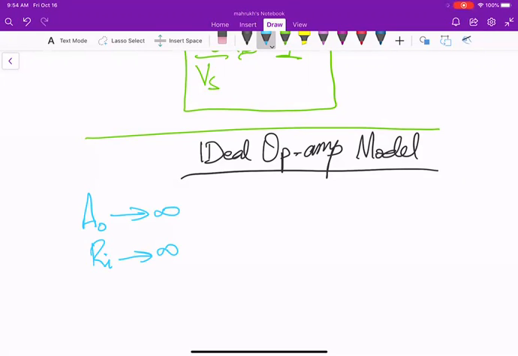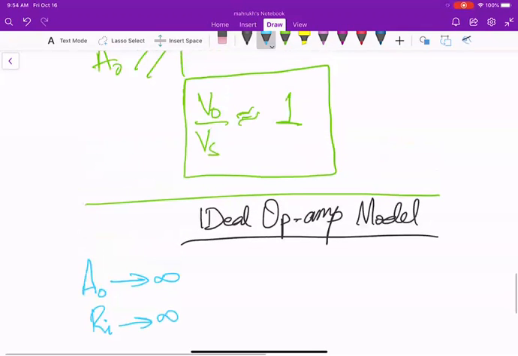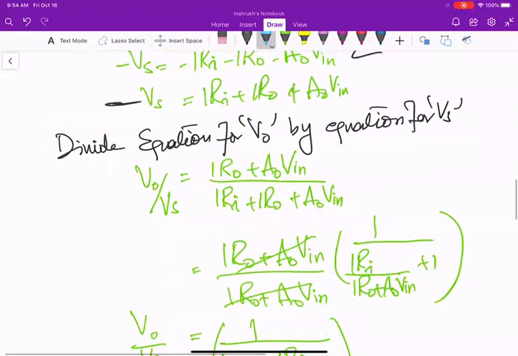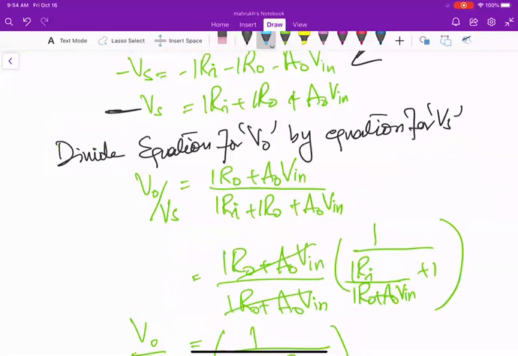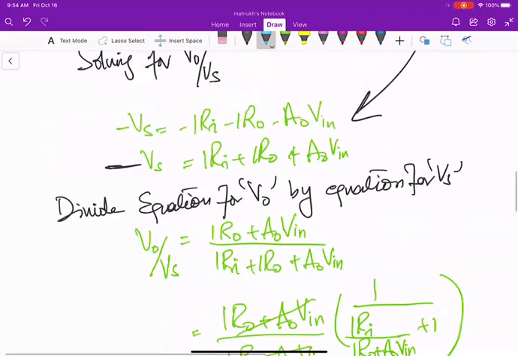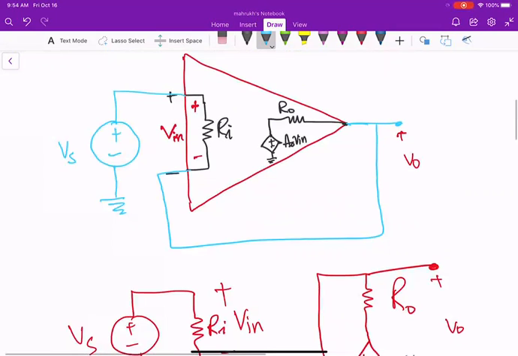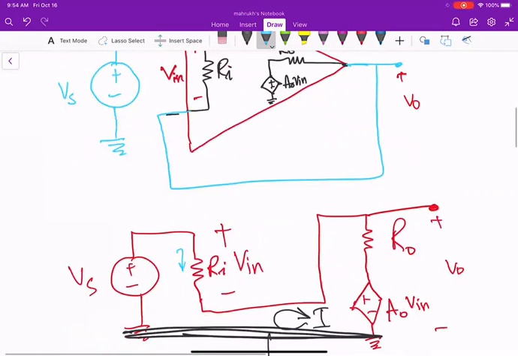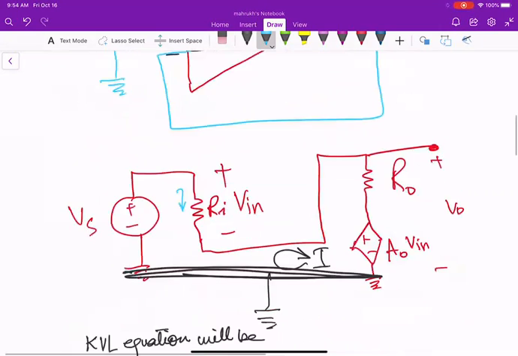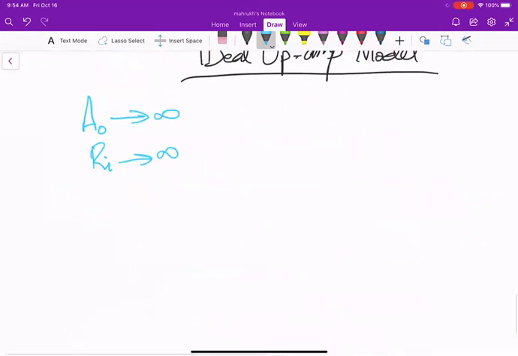And when these are infinity, if your Ri is a really large value, then the current through it will be very small, right? So it will make your V in approximately equal to 0, and your input current also approaches 0.